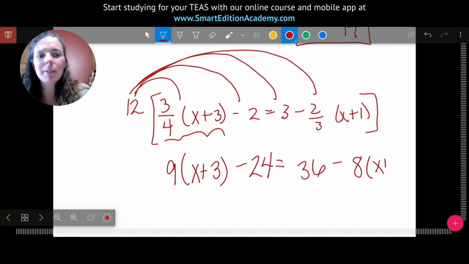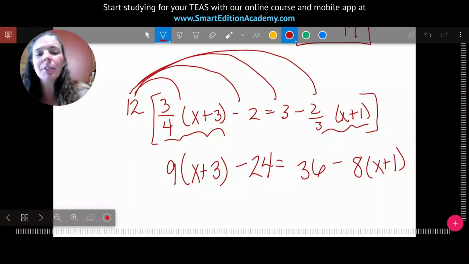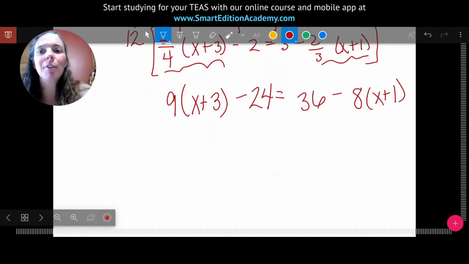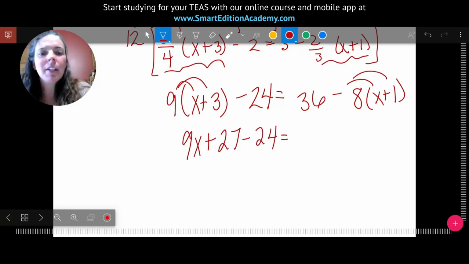And that's times (x plus 1), because this, again, is just one term. From here, I don't have to deal with the fractions and I can just practice solving. We distribute to get rid of these parentheses: 9x plus 27 minus 24 equals 36 minus 8x minus 8.